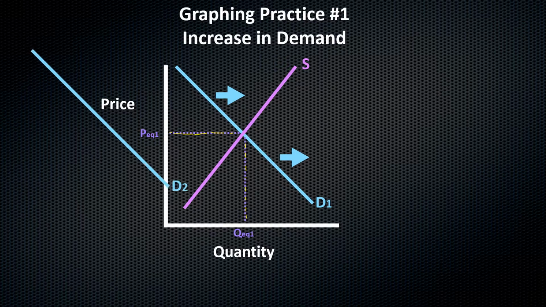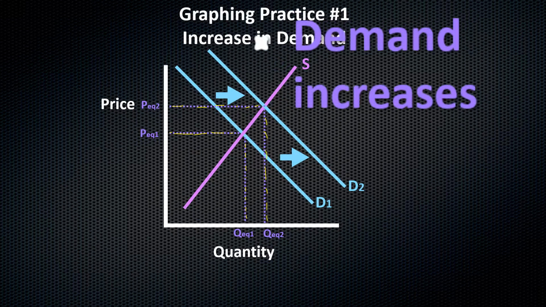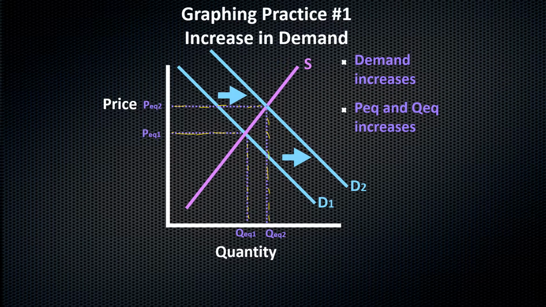My demand is going to shift to the right because it increased. And so now I'm going to draw in my brand new price equilibrium and my brand new quantity equilibrium. So I'm going to label that QEQ2 and PEQ2. So demand is going to increase, and PEQ and QEQ is going to increase.